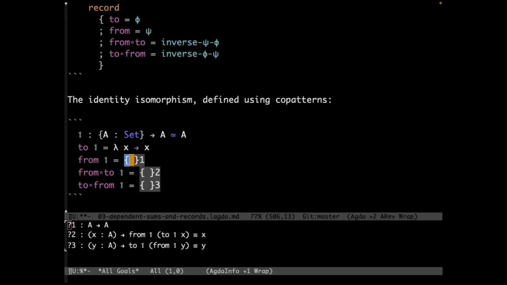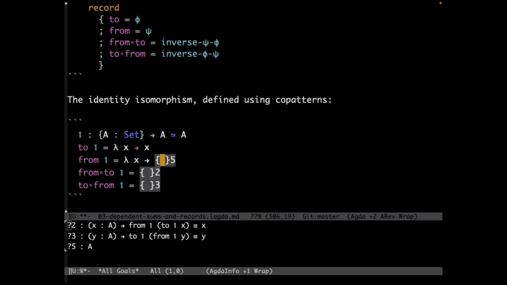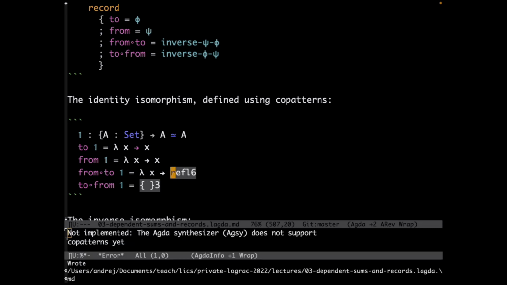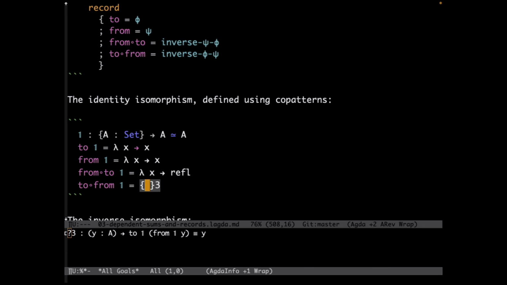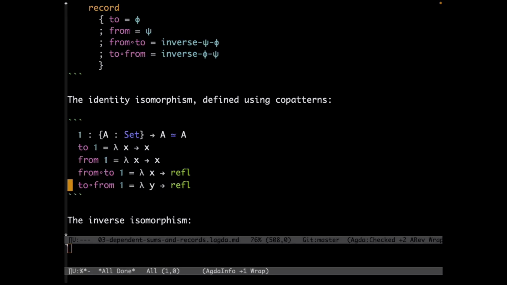So identity, in one direction it's the identity, in the other direction it's the identity, in this direction this is trivial, this direction it's trivial. So I was just pressing Control C, Control R and A. So that's the identity isomorphism, and it's super easy to show that they're inverse.